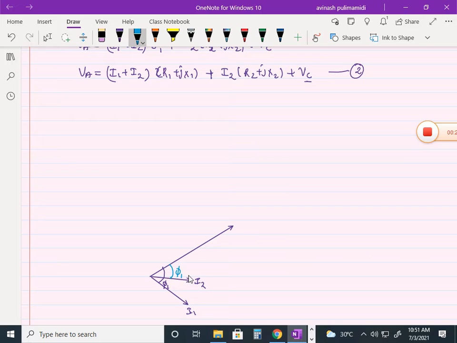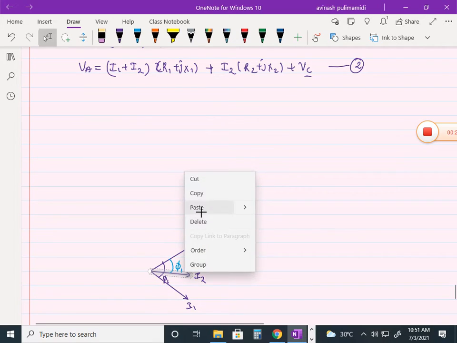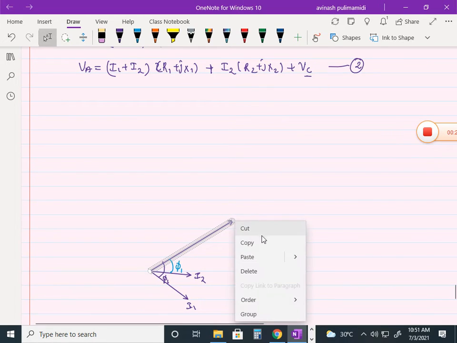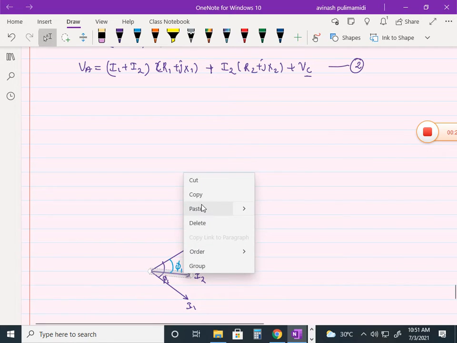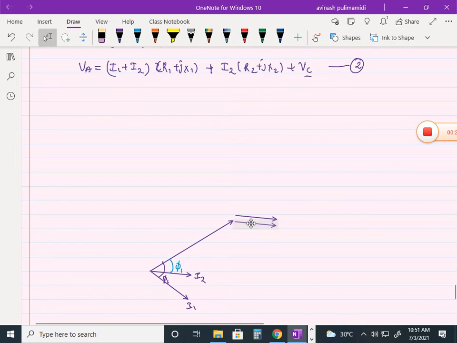Okay, now let us take this I2 as a point, a line parallel to just I2. So this will be the I2 into R2.